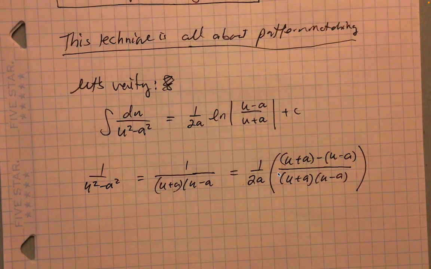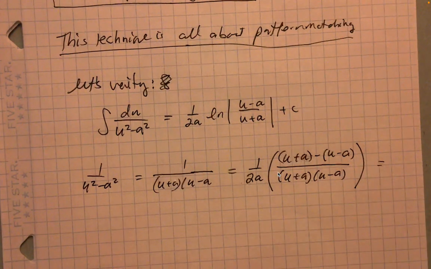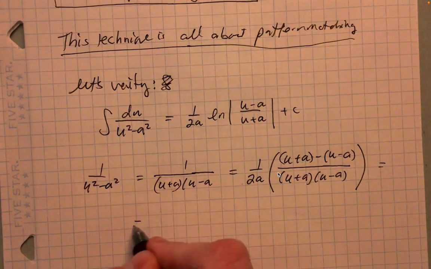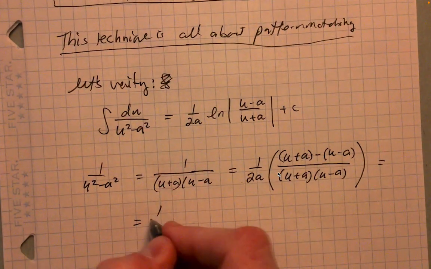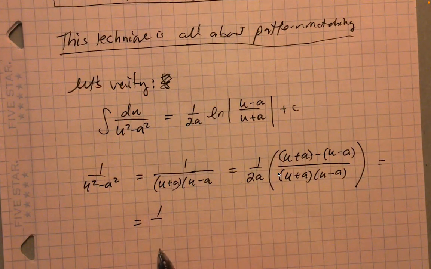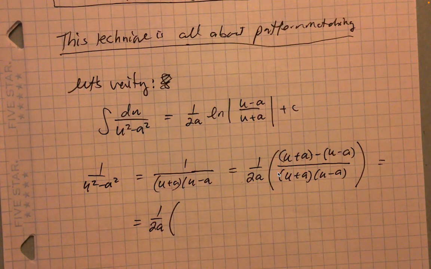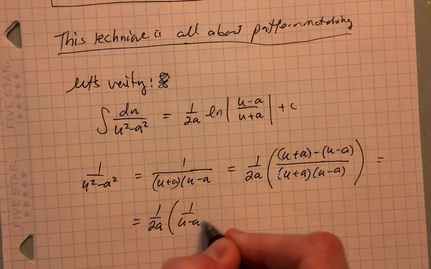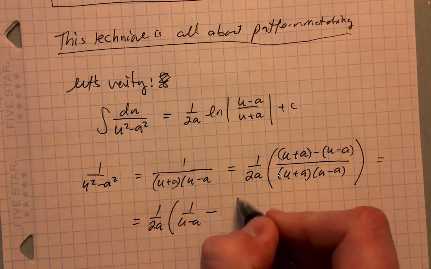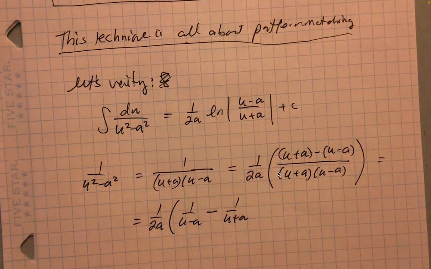Okay, and then we can take this thing and we can break it up. So in particular, we can see that this is equal to 1 over 2a times 1 over u minus a minus 1 over u plus a.